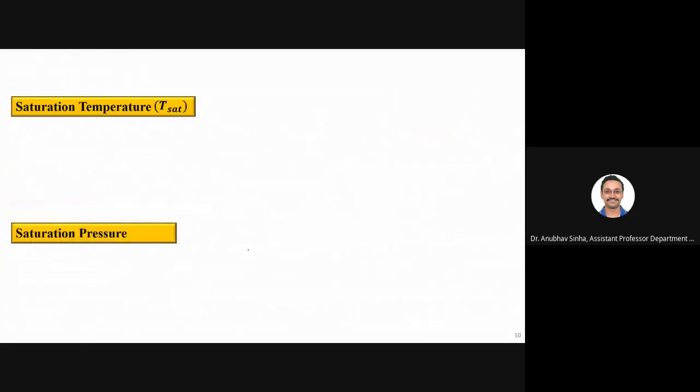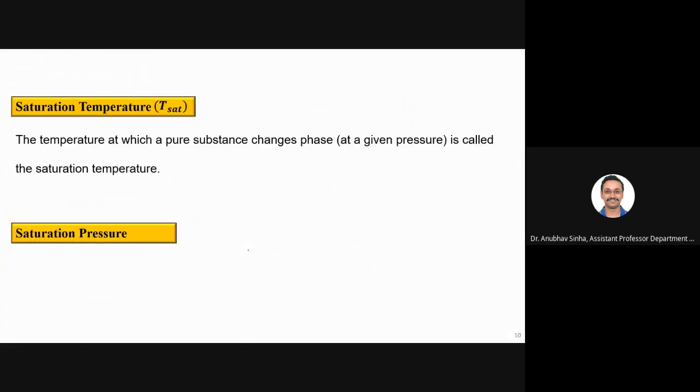So let us talk about saturation temperature and pressure. A temperature at which a pure substance changes its phase at a given pressure is called saturation temperature. For example, water has Tsat at 100 degrees Celsius at atmospheric pressure.